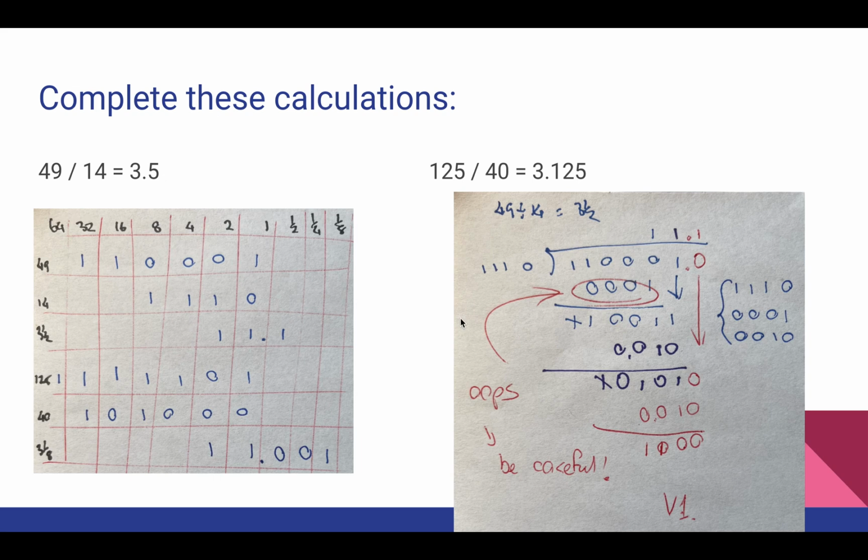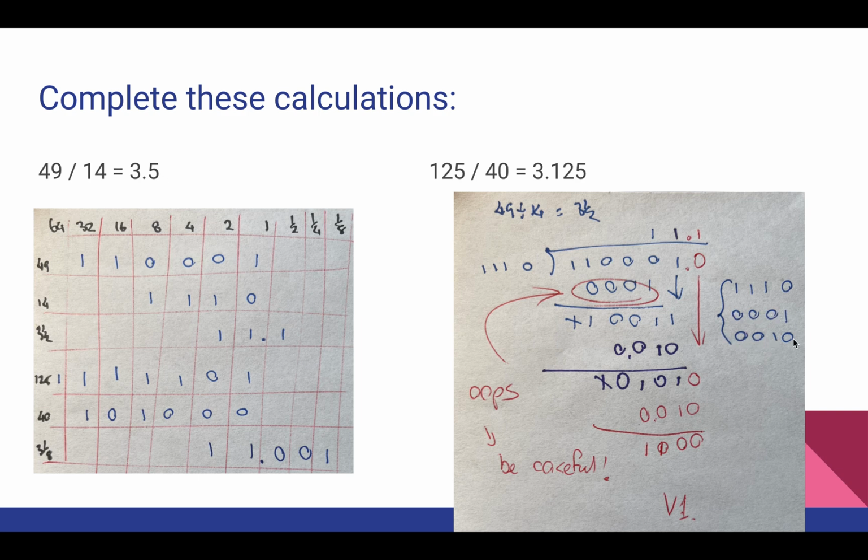What I want to point out here is this first one, 49 divided by 14. 8 plus 4 is 10 plus 2 is 14. That's okay. But what I've done here is my 2's complement conversion. So I started with the correct number, 1110. The correct 1's complement, 0001.